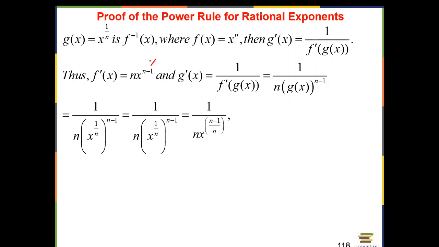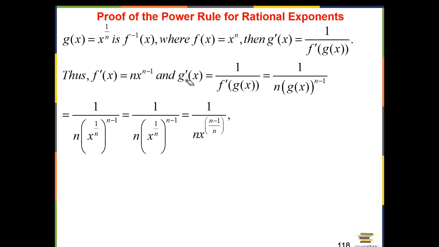Like, for example, x to the 3rd, the inverse of it is x to the 1/3. x squared, the inverse of it is x to the 1/2, right? So if you think of x to the 1/n as the inverse of x to the n, we can use the inverse function theorem here, right? So the derivative of this inverse would be 1 over the derivative of that evaluated at that.